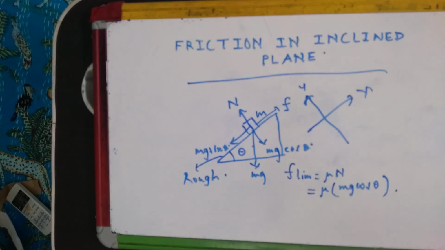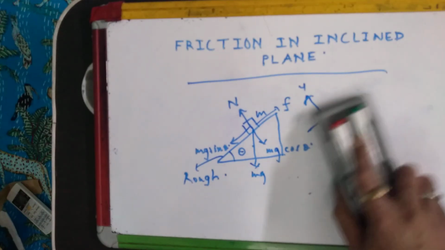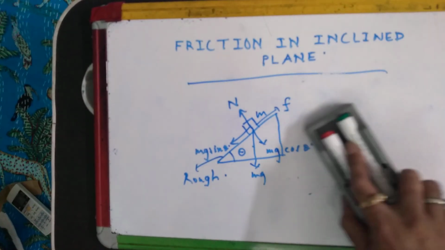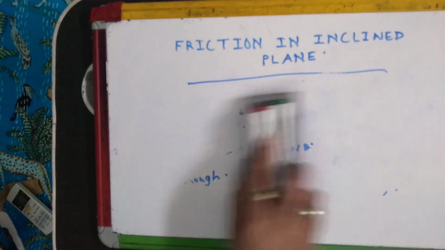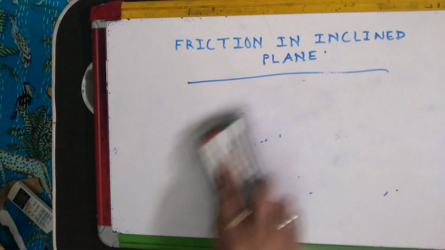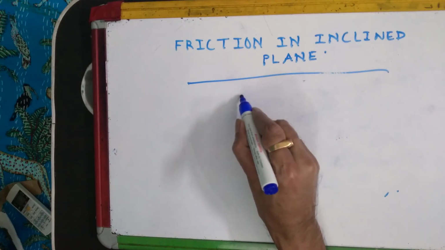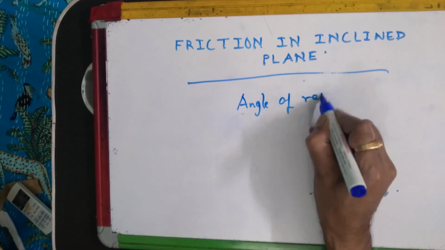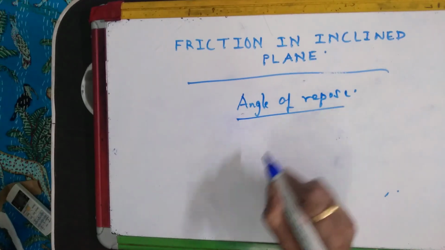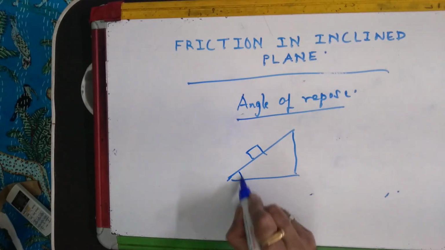Now, before we dig deep into friction in inclined plane problems, let us first understand what the angle of repose is. Repose means to rest. Many of you students would know this, but still I am going through it.